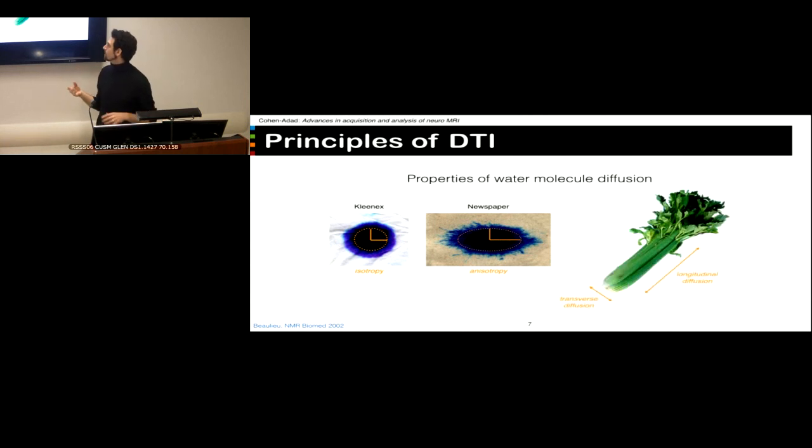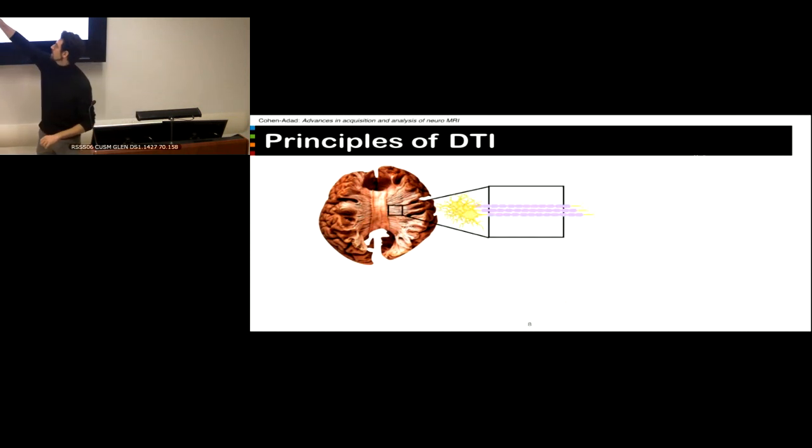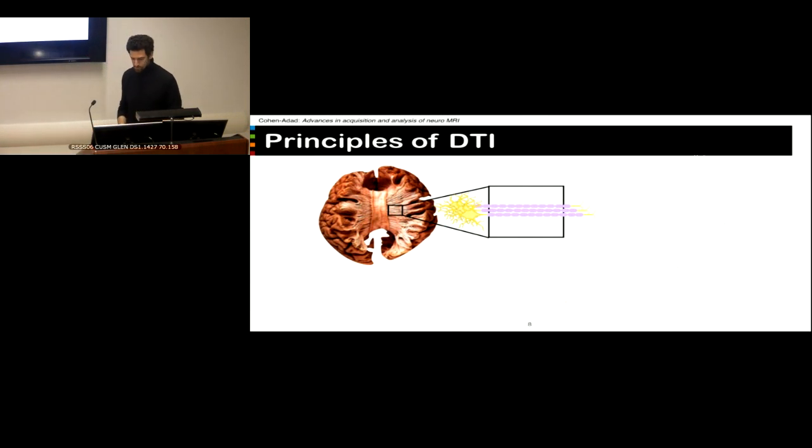What's interesting is that if we do this experiment in a celery, for example, which has a lot of fibrous structure along this axis, we'll see that the water tends to diffuse along this direction. The good news is that our brain is a bit like celery, especially the white matter, because the white matter axons are packed in bundles. The axons are the elongated parts of the neurons that enable the transmission of action potentials.